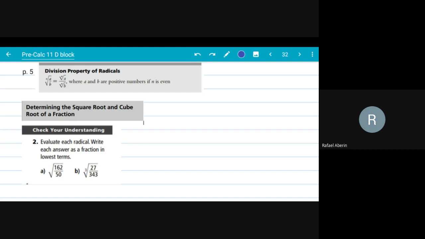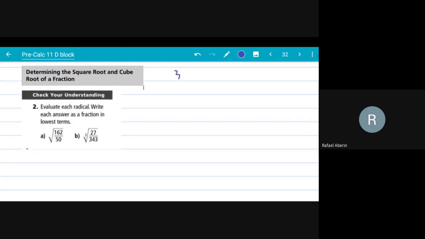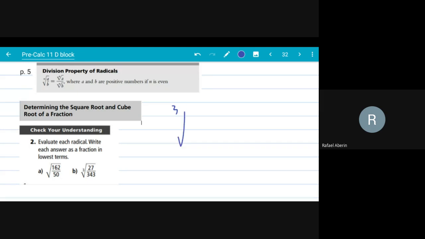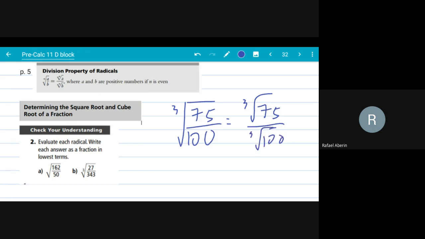Okay, so for example, the cube root of 75 over 100 can be turned into the cube root of 75 over the cube root of 100, assuming there is such a number, whatever that is.